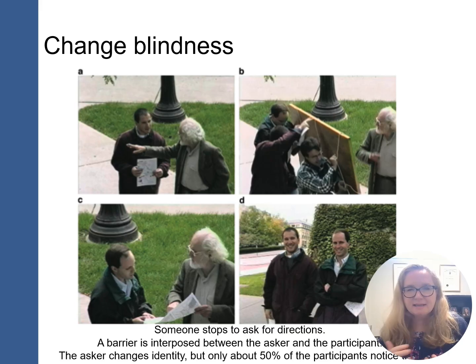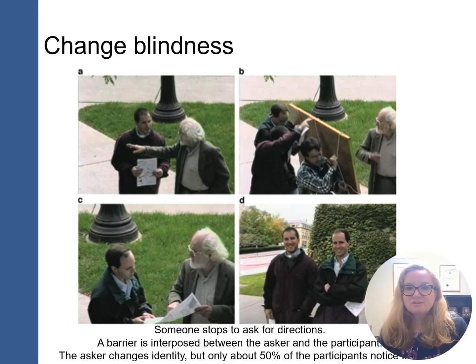And then there's an intervening event, like in this case, in picture B, someone walks through with a giant board that blocks the identity of the person asking the directions. When the barrier walks through, the confederate in the experiment gets switched to a different person.